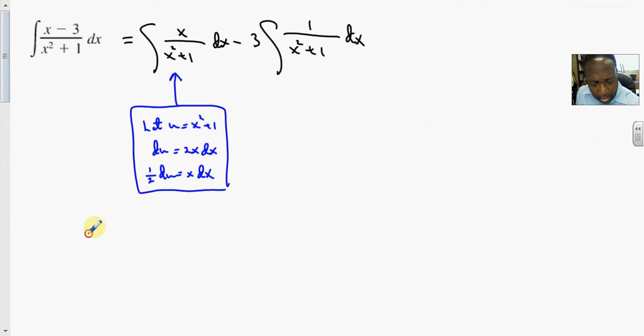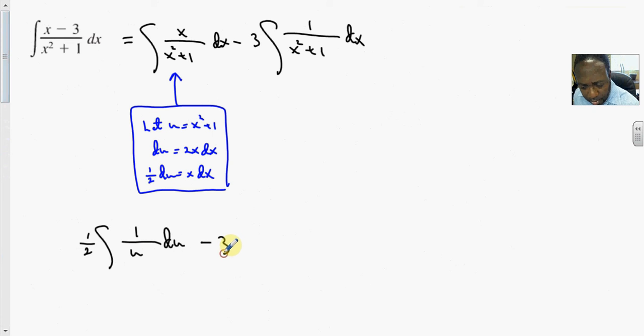So we have here 1/2 times the integral of 1 over u du. So the 1/2 du picks up the x dx, our numerator, and then the u downstairs is x squared plus 1.